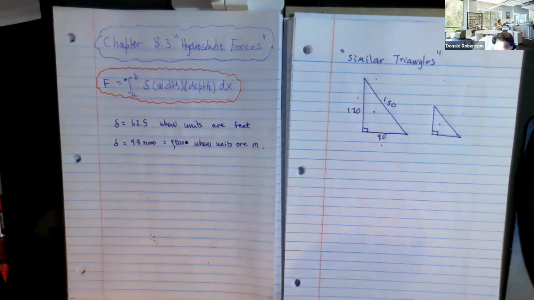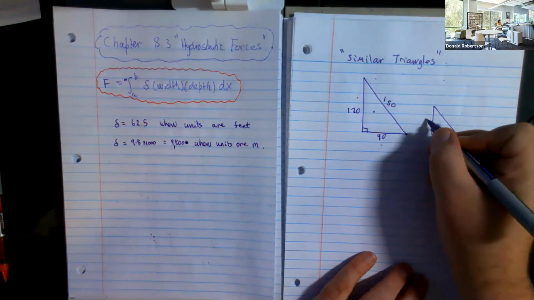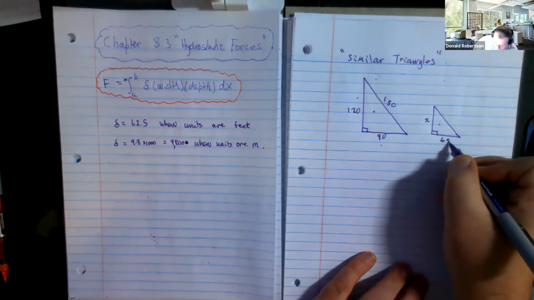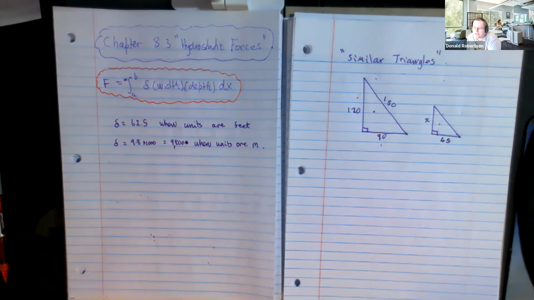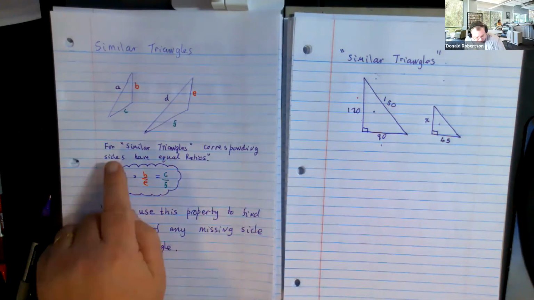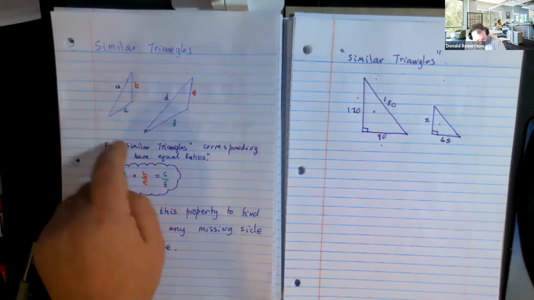If you know this triangle and you want to find, say, that guy, and I tell you that this guy here is 45, we can find it because what similar triangle says is this. For two triangles that are similar, corresponding sides are in equal ratio.